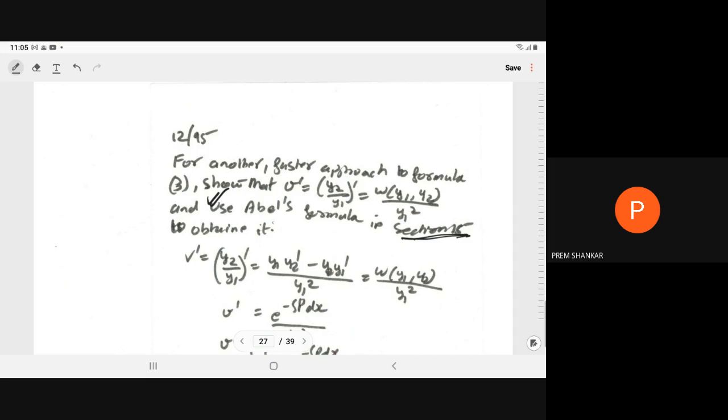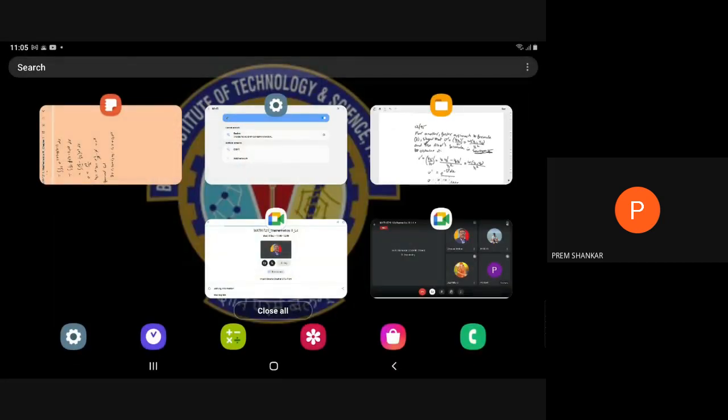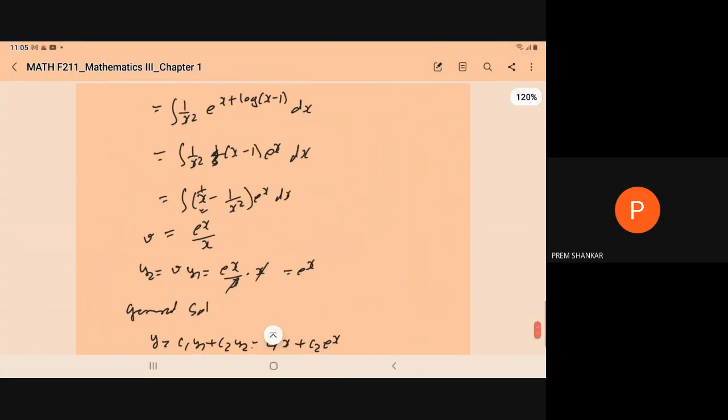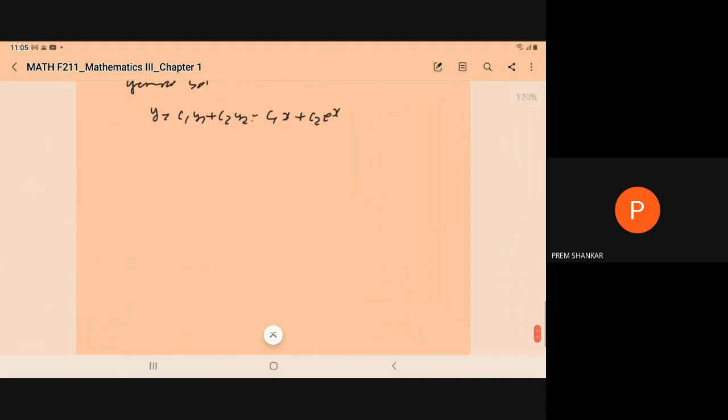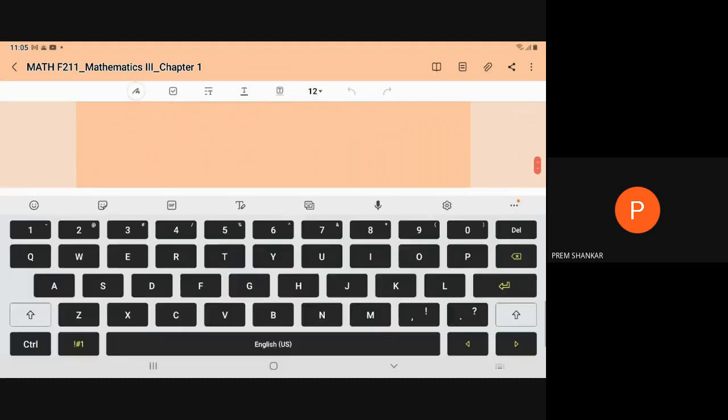In this case, we know what the second linearly independent solution is. In this section, what we have studied is that y2 is equal to v of y1.